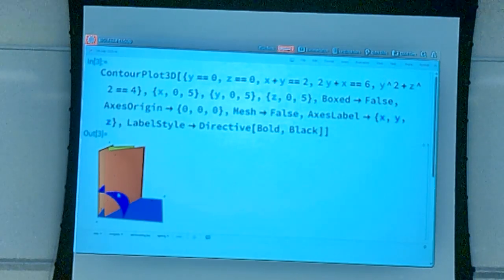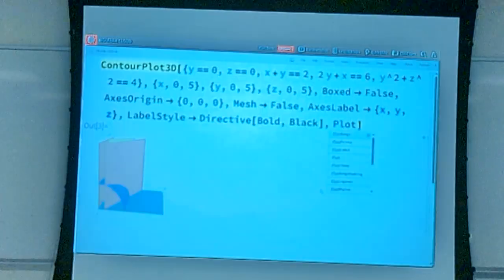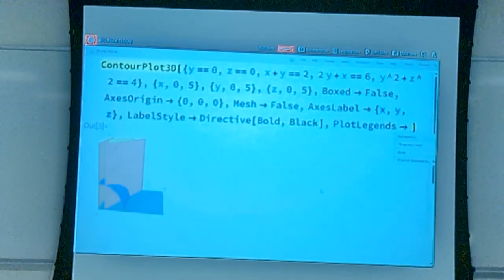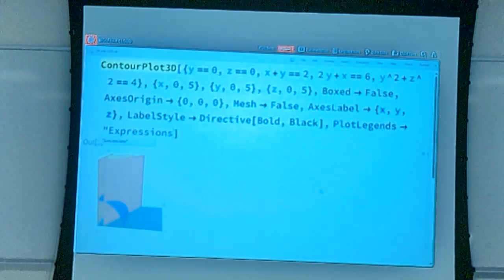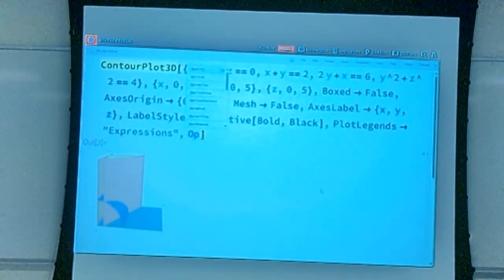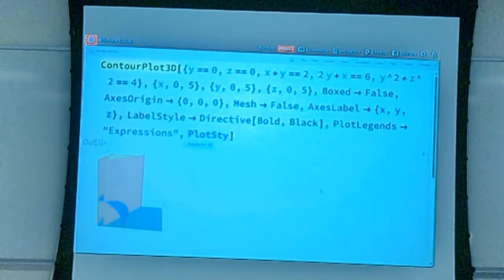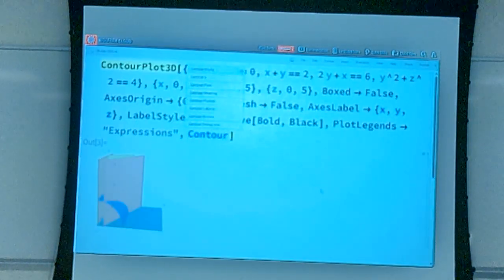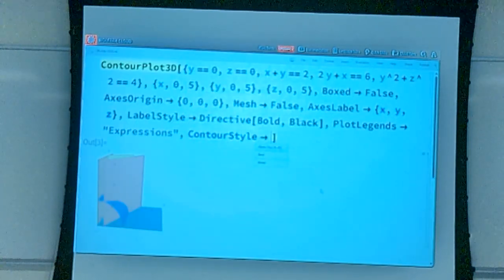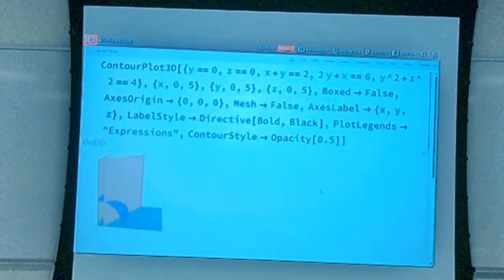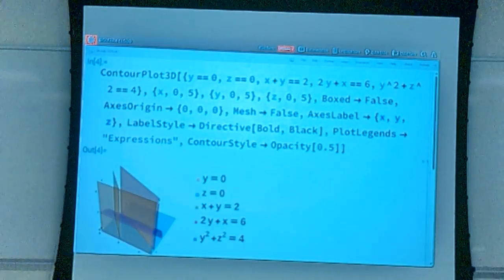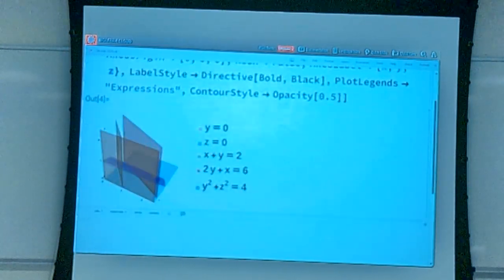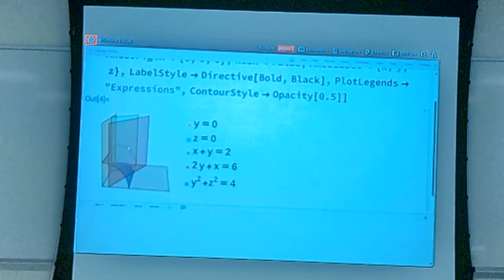And typically what I'll do is add legends, and also set the plot style, set the opacity to 0.5, so you can kind of see through.